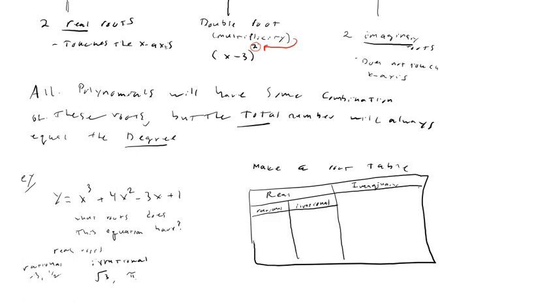And so I want to predict the possibilities. I'm going to list all possible combinations of the different types of roots I can have.